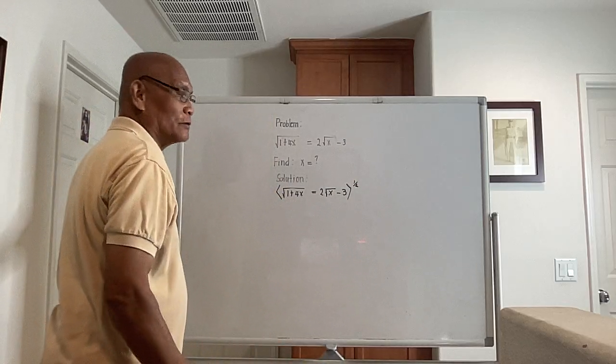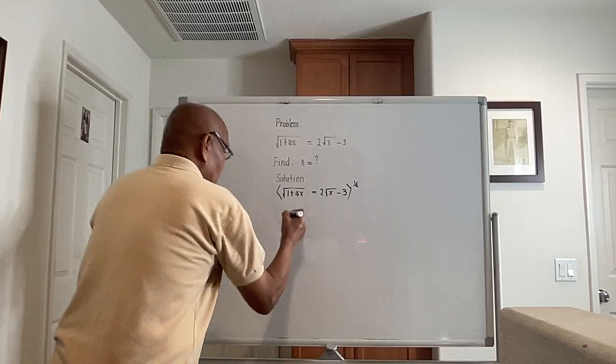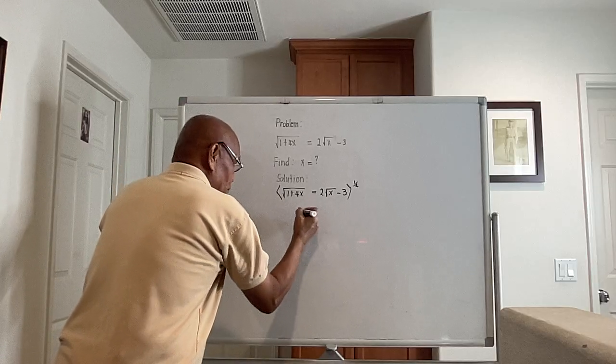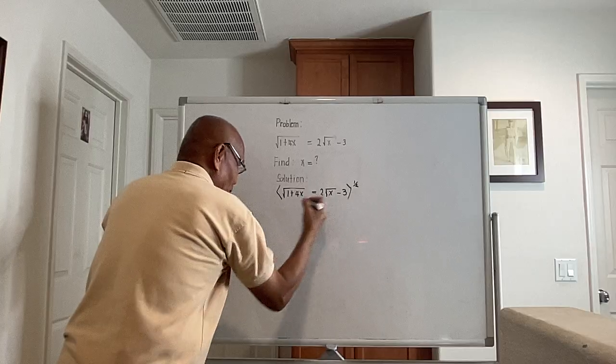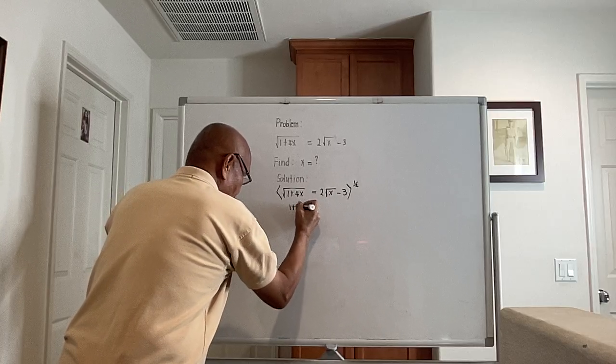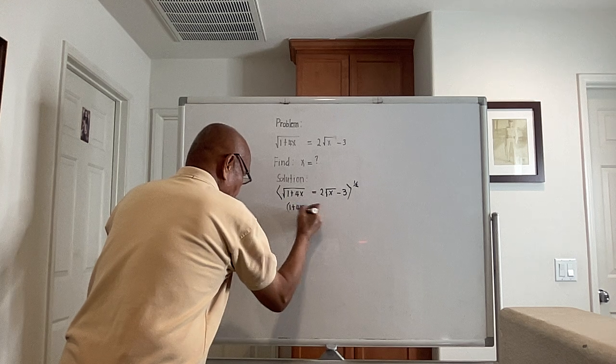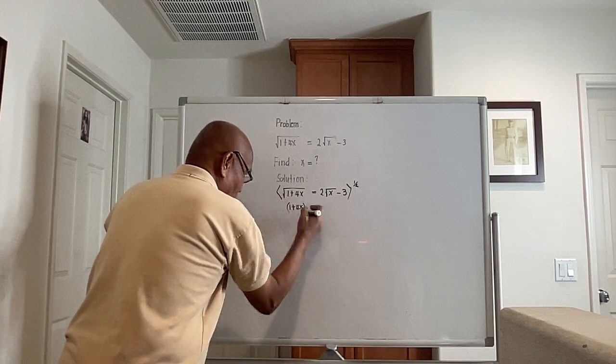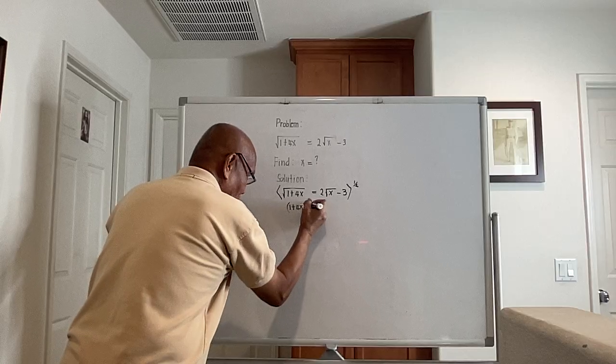So what will come out? I will raise the left hand side to the 1/2. So it will become 1 plus 4x, square root is just 1 plus 4x raised to the 1/2.